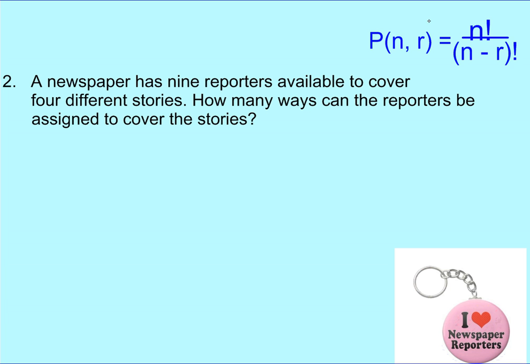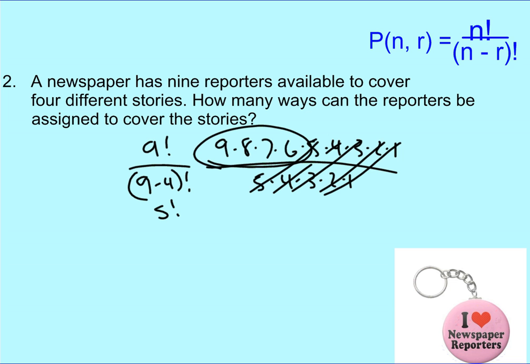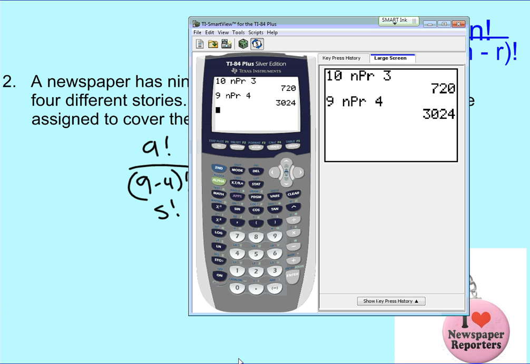So there are 3,024 different ways that 9 reporters can do this. It's going to be 9 factorial over 9 minus 4 factorial, so 9 times 8 times 7 times 6 times 5 times 4 times 3 times 2 times 1 over 5 factorial. Cancels, cancels, cancels. 9 times 8 times 7 times 6 is exactly what we had on the calculator, which was 3,024.